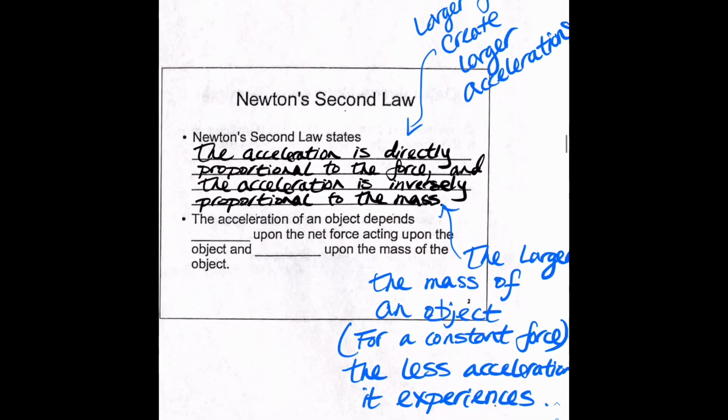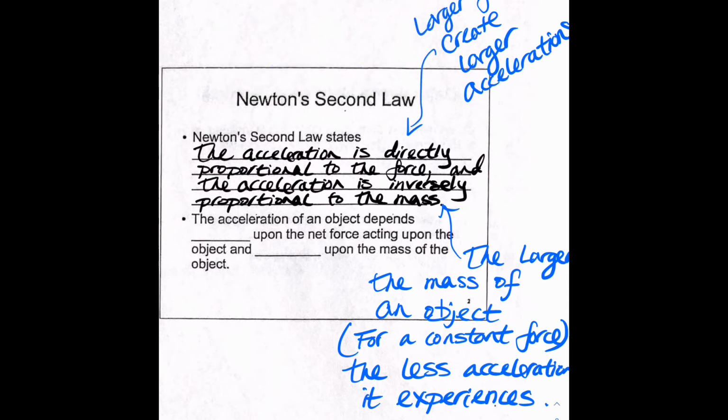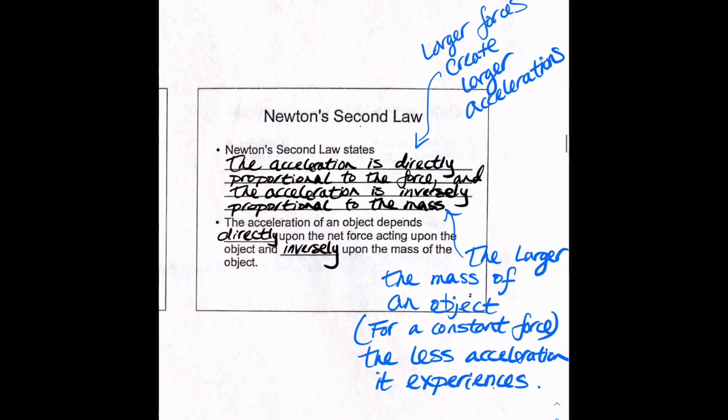All right, so up here it says in this next sentence, the acceleration of an object depends directly upon the net force acting upon the object, and inversely upon the mass of the object. Okay, hopefully that makes sense. And once again, to think about all of this, make sure you rewrite F equals ma as A equals F over M. This is the way to make sense of it.